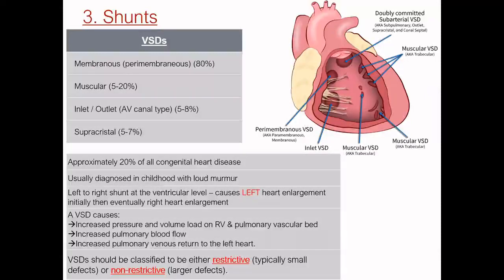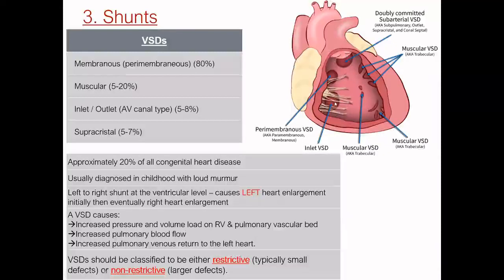We also need to classify the VSDs when we find them to be either restrictive, which are typically small defects, with velocities higher than 4 meters per second, or non-restrictive VSDs, which are larger defects, which usually have a lower velocity of lower than 4 meters per second.